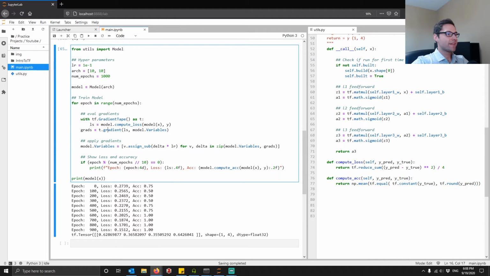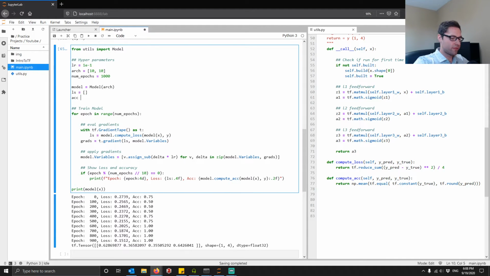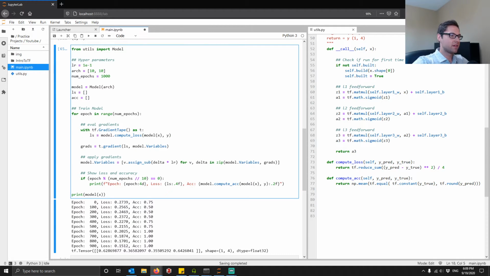So we know that we're actually looking at the loss here, so we actually compute it. We could just grab our loss, and we're going to have one for accuracy too, okay? So we're going to set those as empty lists, and then after this is computed as ls, I want to do it here.